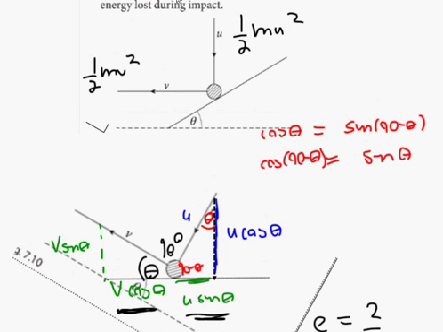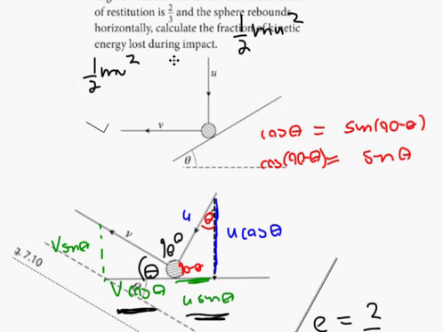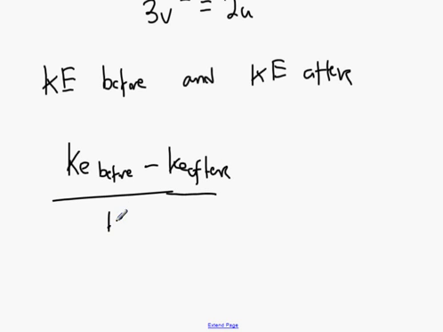Now, it specifically says it wants the fraction of kinetic energy lost during impact. The fraction, okay? So what that means, to calculate the fraction, you're going to have to do it like this. KE before minus KE after all over kinetic energy before.